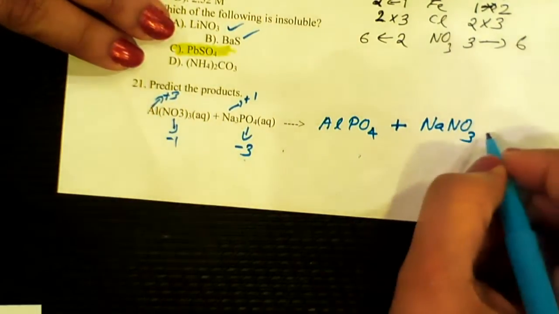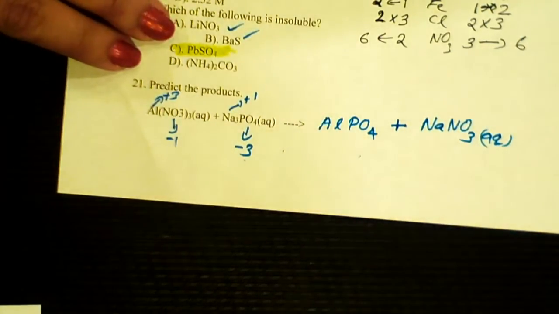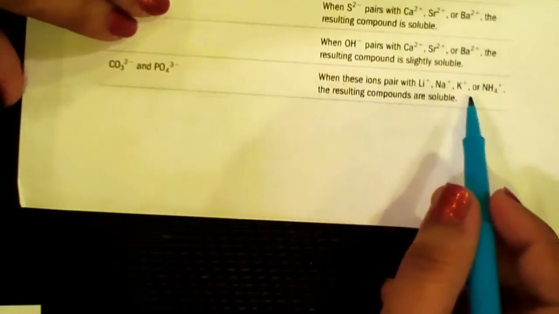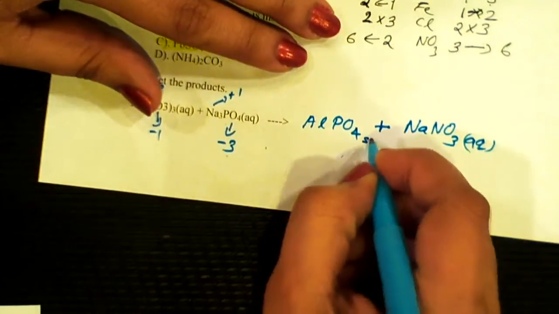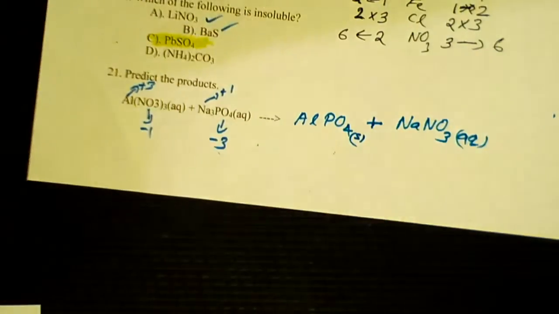which is AlPO4. This is negative 3 charge, positive 3 charge, so they just cancel out. And sodium nitrate. Sodium is positive 1 charge, nitrate negative 1 charge, so it's going to be NaNO3.